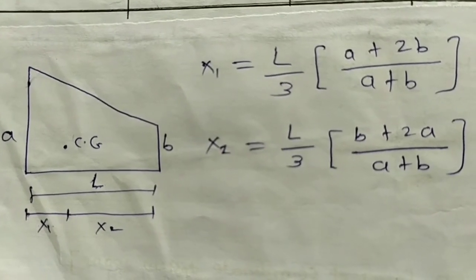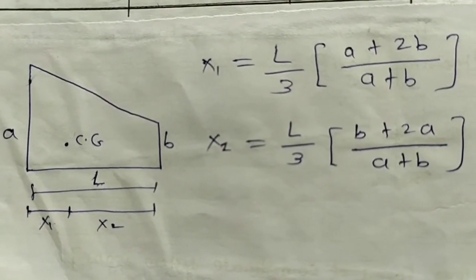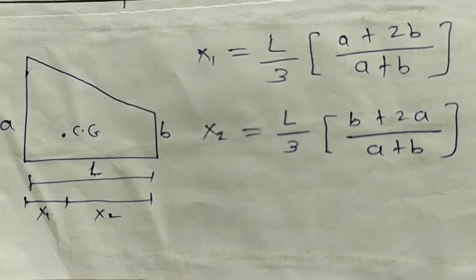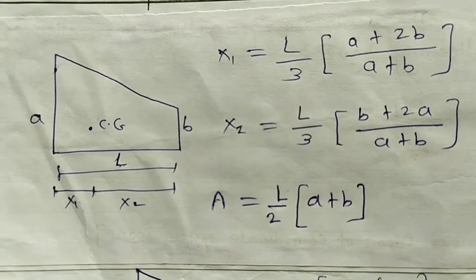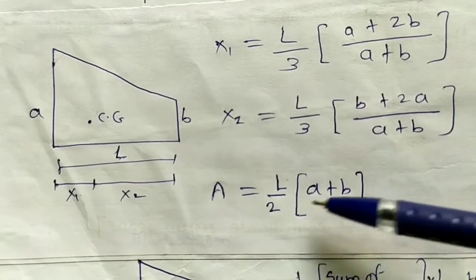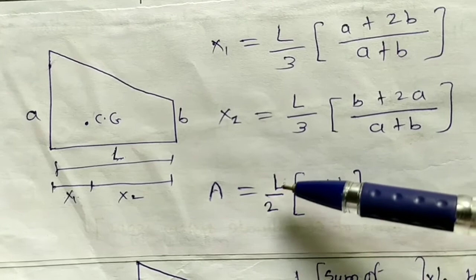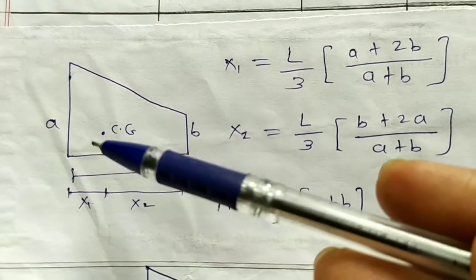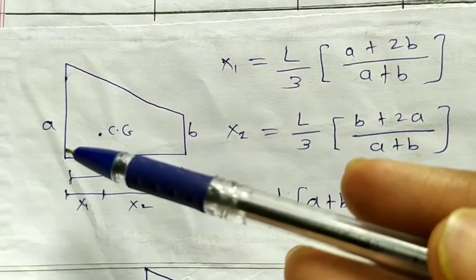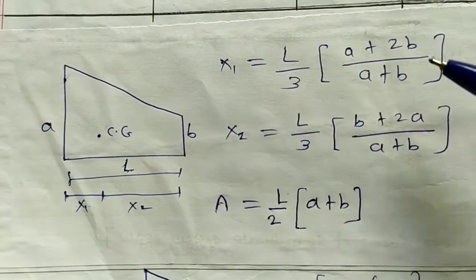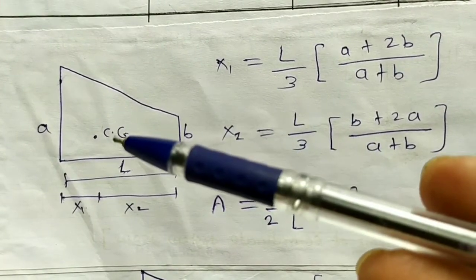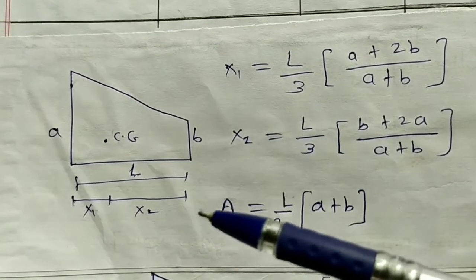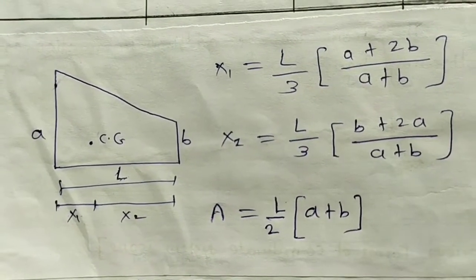So here I am showing the trapezoid. Let us come to the formula of the trapezoid. Area of a trapezoid is half of the sum of parallel sides into the distance between the two parallel sides. And here this is the centroid. If I want to measure the centroid distance from point A, that is x1, this is the formula. If I want to find the centroid distance from point B, from this side, that is x2, you get this formula.